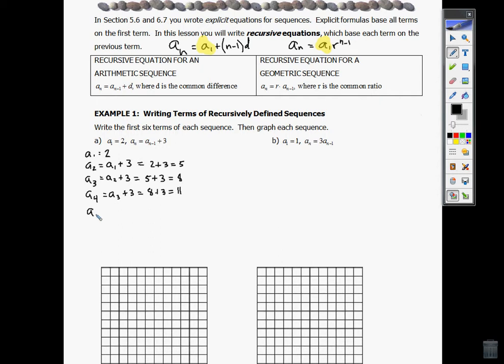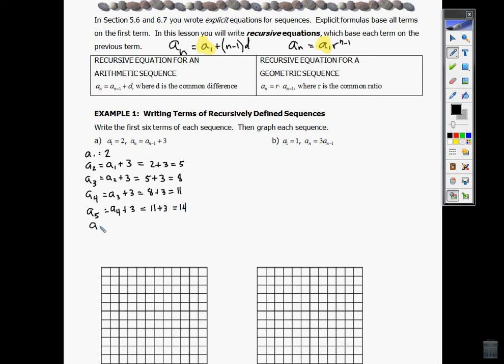A sub 5 equals, well, I went a sub 1, a sub 2, a sub 3, a sub 4, plus the common difference, which equals 11 plus 3, which equals 14.